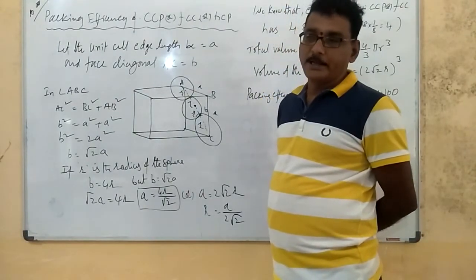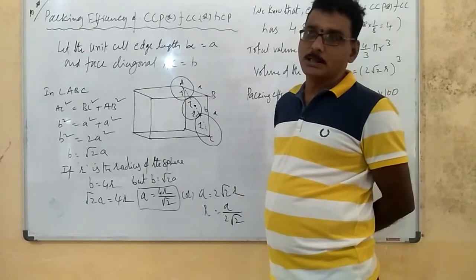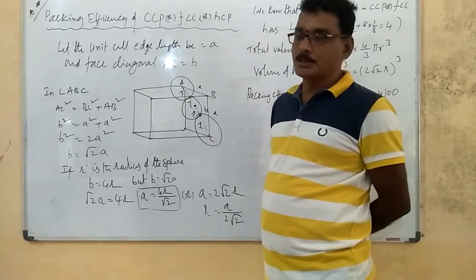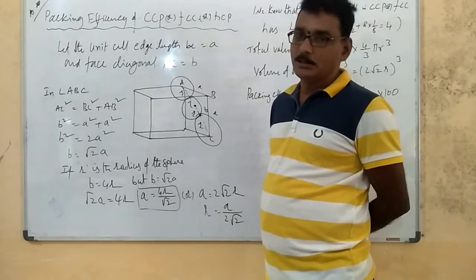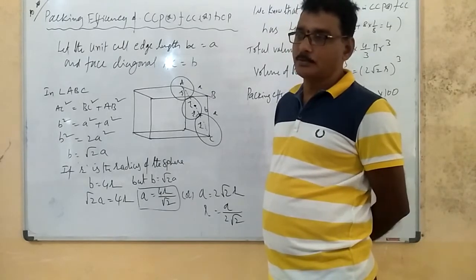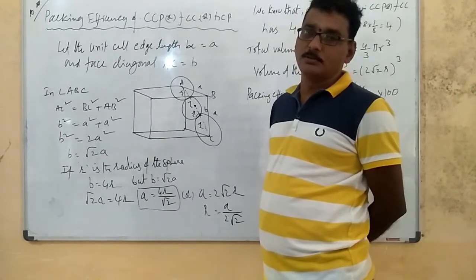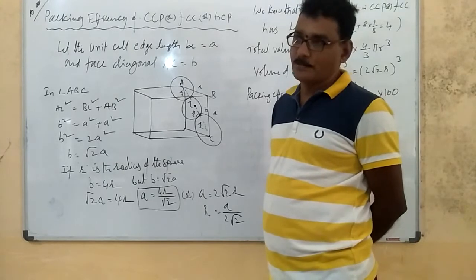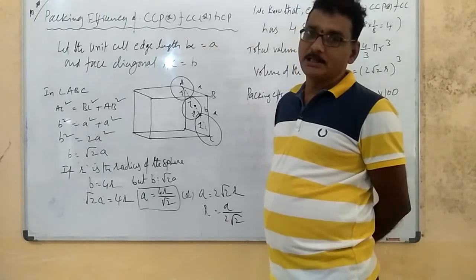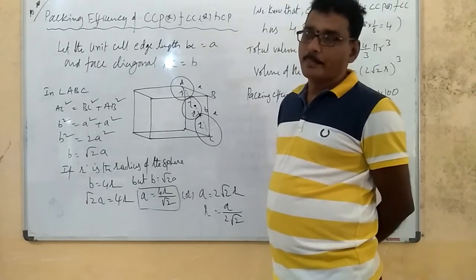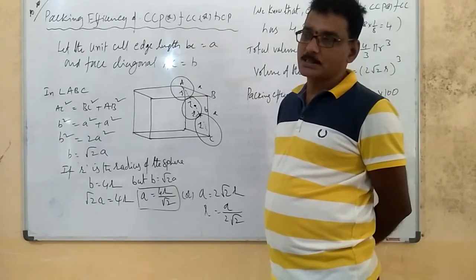So the packing efficiency of body centered cubic is equal to 68 percent. The packing efficiency of FCC is equal to 74 percent. So the remaining is empty space.